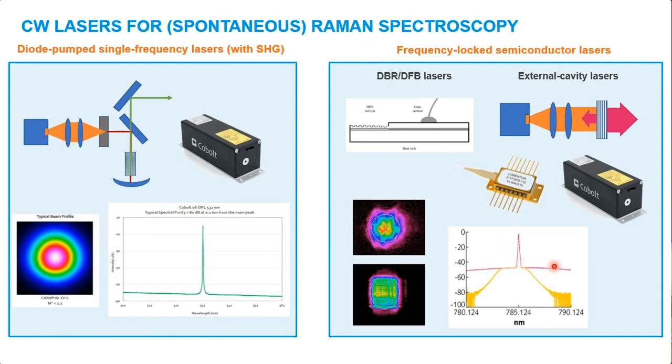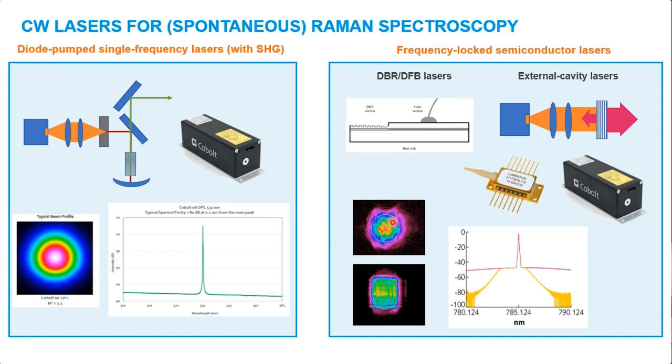If the grating structure is integrated on the chip itself, we're talking about DBR or DFB lasers. Alternatively, the feedback is coming from an external grating element. The DBR-DFB lasers can be made very compact and cost efficient, but they are a little bit limited in power. The locking with external elements is a little bit more complex, but enables scaling to higher power levels.